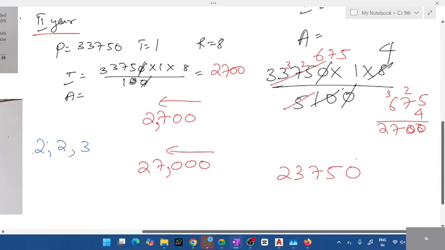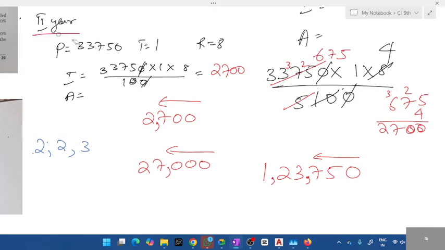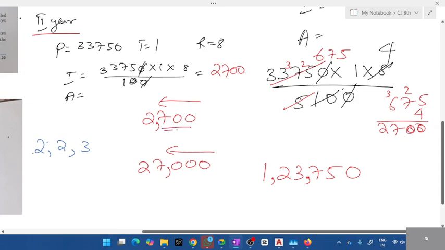Yes. From right hand side, 3. Let me take one more number here. What's the value now? After 2, you have to put another comma. So how do you answer this? What's the first one? 2700. Next, how do you name it, students? This is 1, this is 10, 100. 27,000.